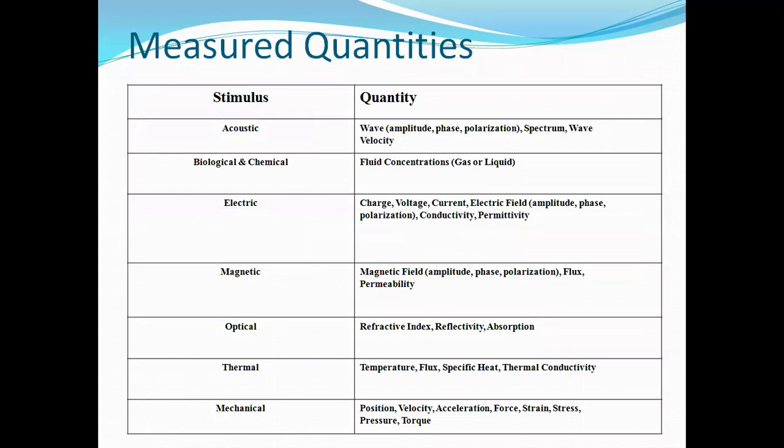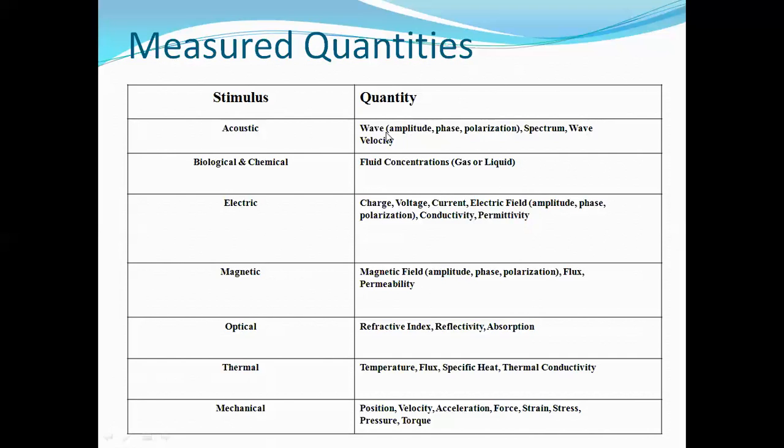Generally, what are the measuring quantities, and what are the stimuli or measurements utilized to measure the quantity? We will have a glance at it once. Acoustic is nothing but the sound waves or the voice frequency variations at different levels.